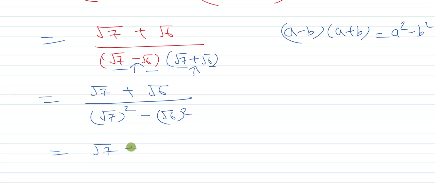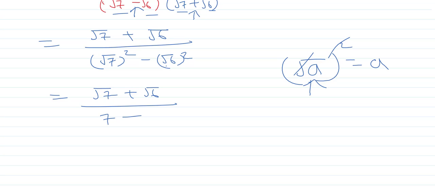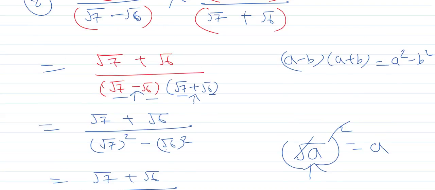Root 7 plus root 6 upon, root 7 square will be 7. Always remember, if a square root is there and you are squaring it, the square root will cancel out. You have to directly write the internal term. Root 6 square will be 6. So the final answer will be root 7 plus root 6 upon 7 minus 6, which is 1. So this will be my final answer after rationalizing this denominator.